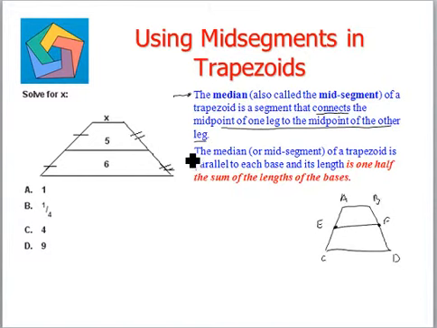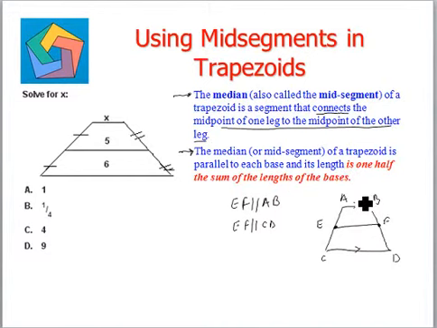Another important thing to remember is the mid-segment of a trapezoid is parallel to each base, that is EF is parallel to AB and EF is parallel to CD, and its length is one half of the sum of the lengths of the bases.